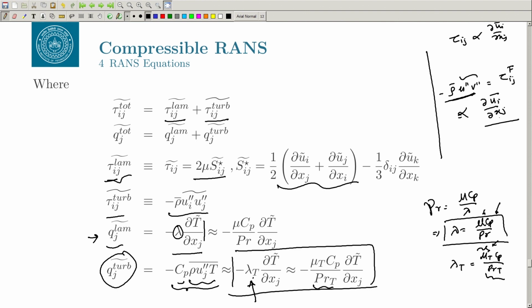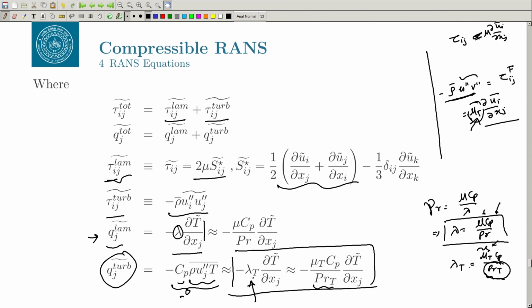This is what is called the Boussinesq hypothesis, and here the proportionality constant was mu, the viscosity, and here we will coin a new term called the eddy viscosity, mu t. Once we have mu t, we will use this information to find our turbulent transport of heat, and we will coin another number called the turbulent Prandtl number.